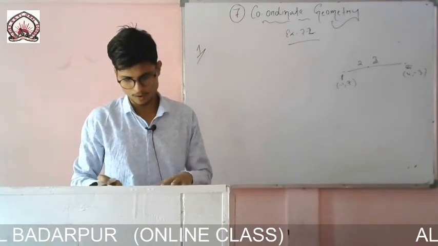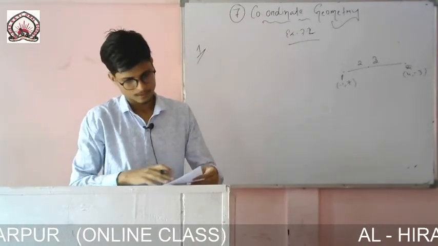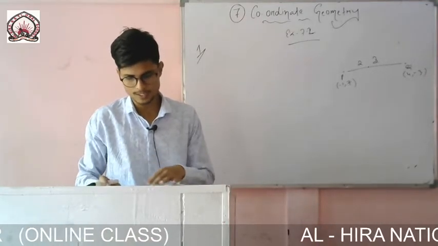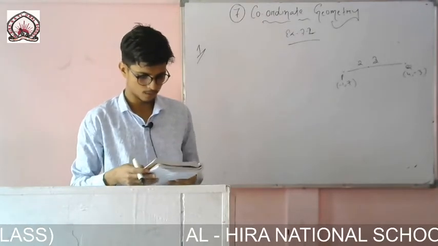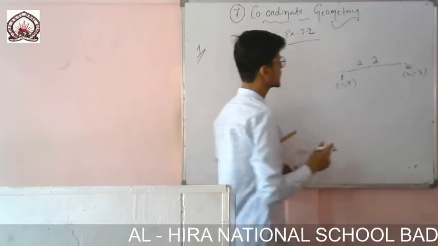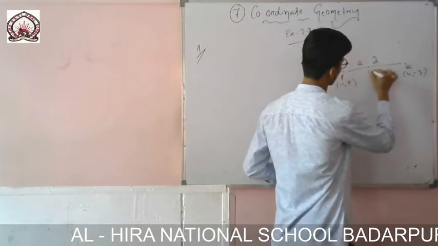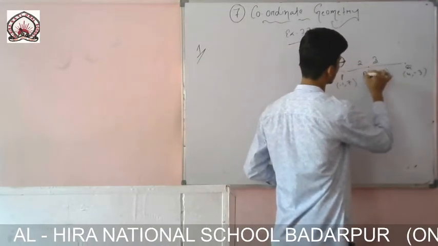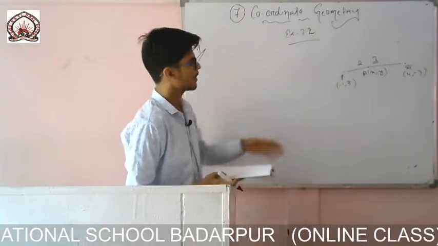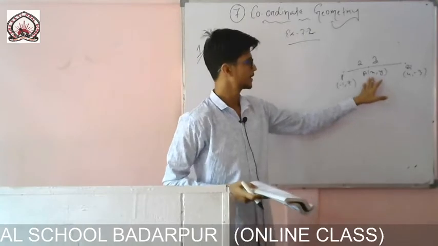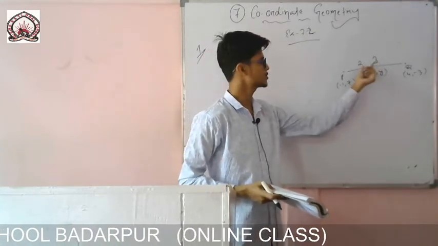So the question is to find the coordinate of the point which divides this line. You have to find the coordinate of this particular point. We'll take it as (x, y), and you can write anything for the coordinates. The ratio is given as 2:3.